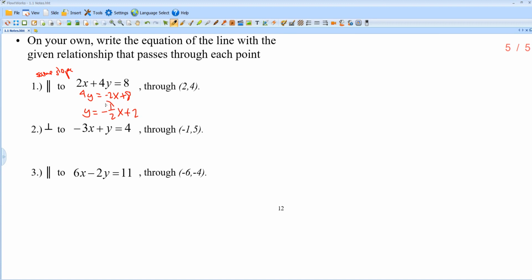So right here, I have a slope of negative 1/2, and I want this equation to have the same slope. So y minus 4 equals the same slope, negative 1/2, times x minus 2. Gives me y minus 4 equals negative 1/2 x plus 1. So y equals negative 1/2 x plus 5.